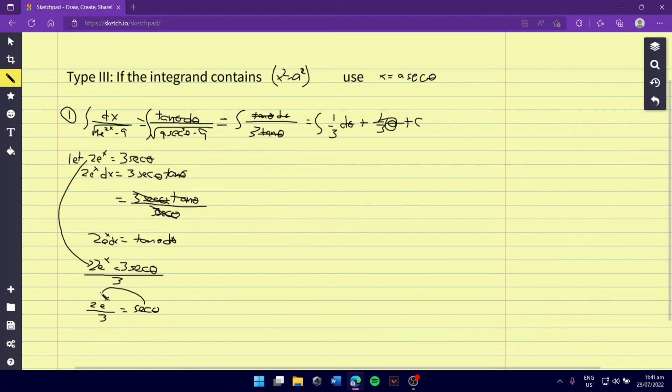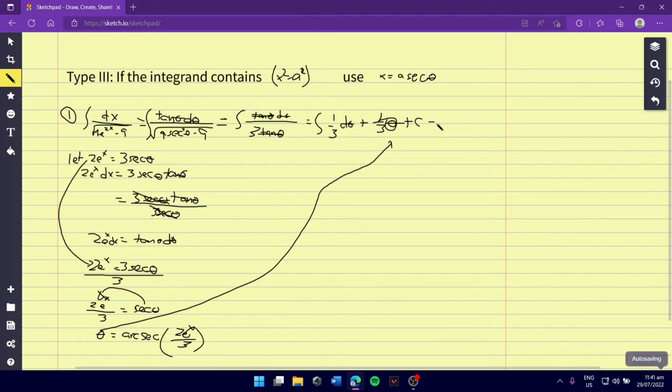Transposing secant to the left side, theta equals arc secant of 2e raised to x over 3. So now we'll distribute the value of our theta here. This will become 1/3 arc secant of 2e raised to x over 3 and then your arbitrary constant, which is c.